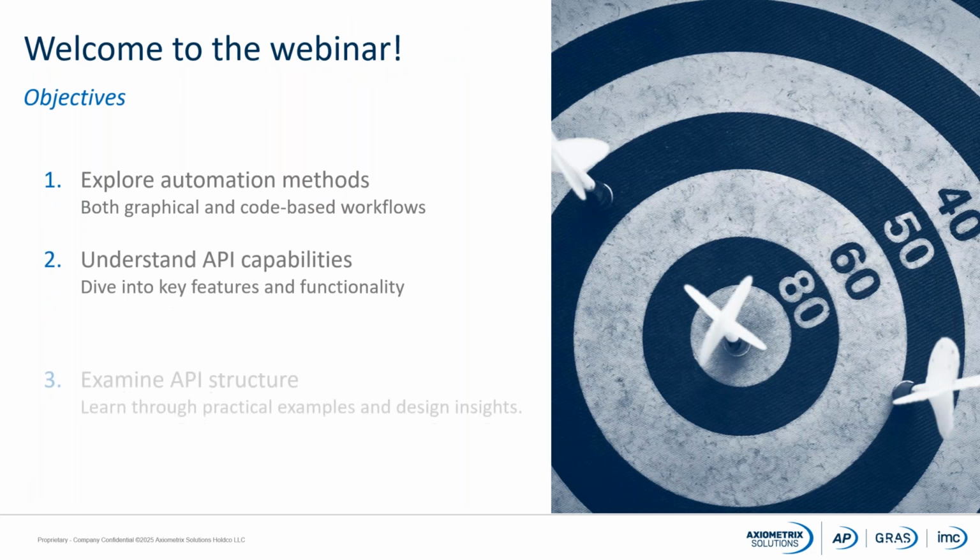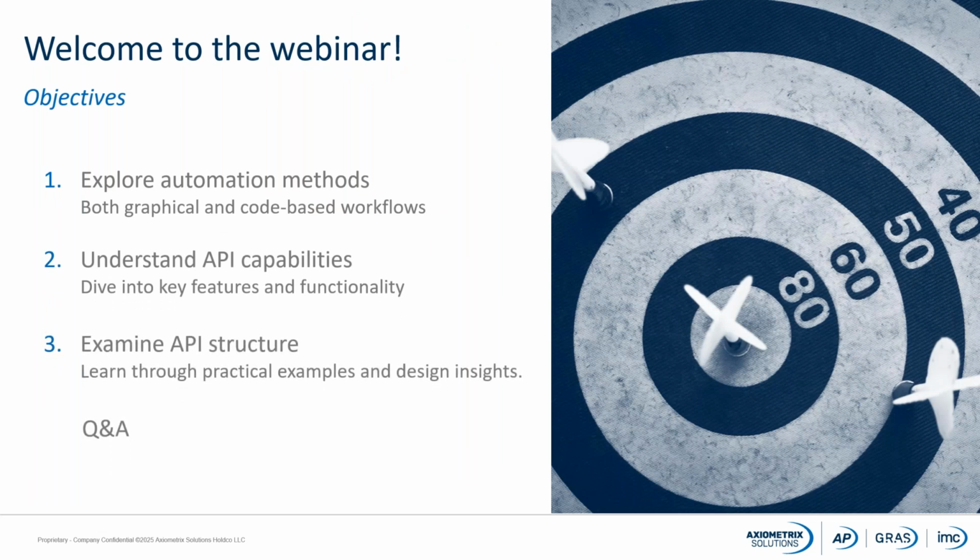So I'm hoping to hit on three primary objectives today. Obviously, this session as a whole is primarily about the API, but I will start off briefly by making sure that everybody is aware of both the graphical and the code-based automation workflows in APx software.